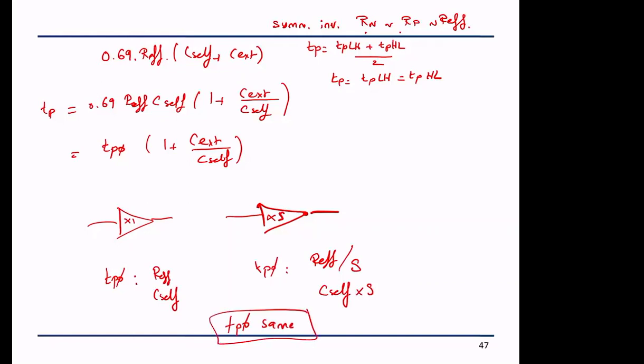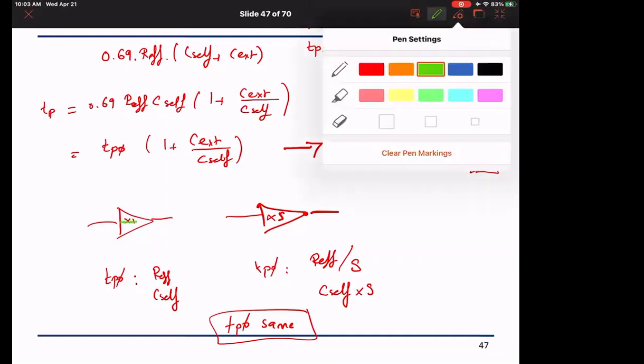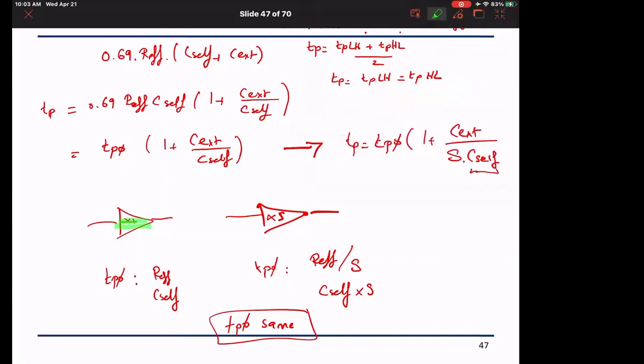Okay. However, the expression for the delay of the sized inverter will be equal to Tp0 into 1 plus C external over S C self, and by S times C self we mean the sized inverter.